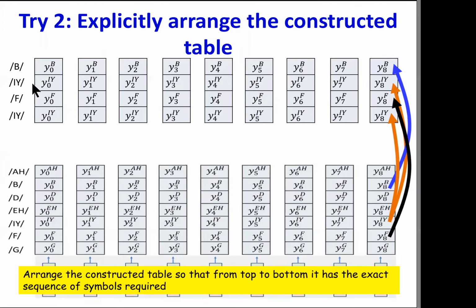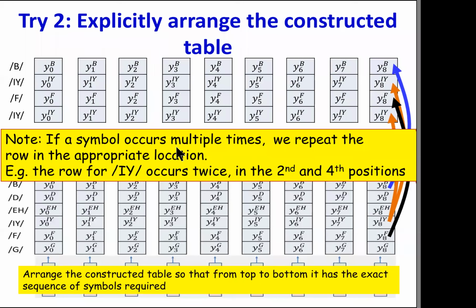Then I pull out the E as my second row, the F as my third row, and then E again as my fourth row. So if a symbol occurs multiple times, we repeat the row in the appropriate location.